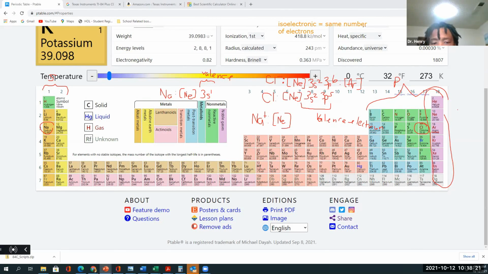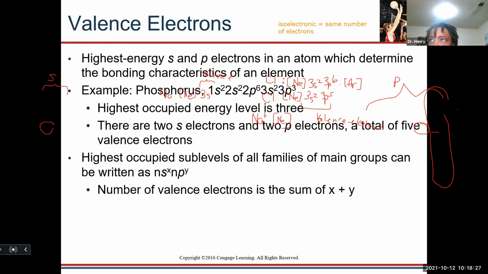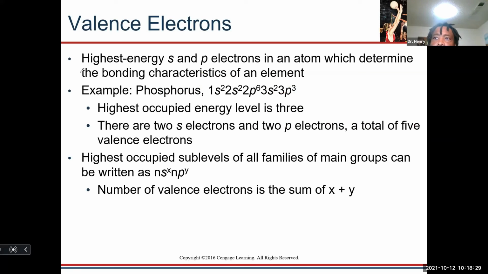Okay, so valence electrons are basically the electrons that we're going to be using for our reactions, or for bonding, or for taking or giving.